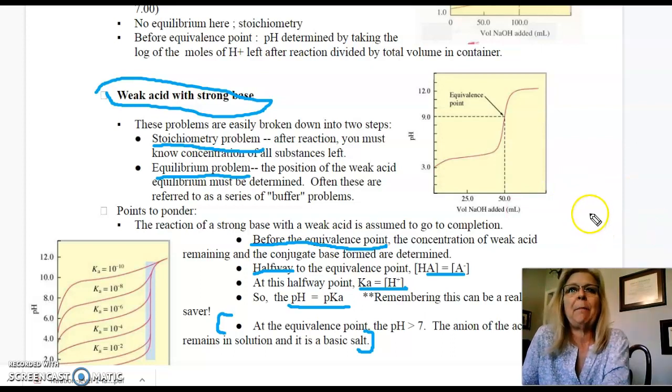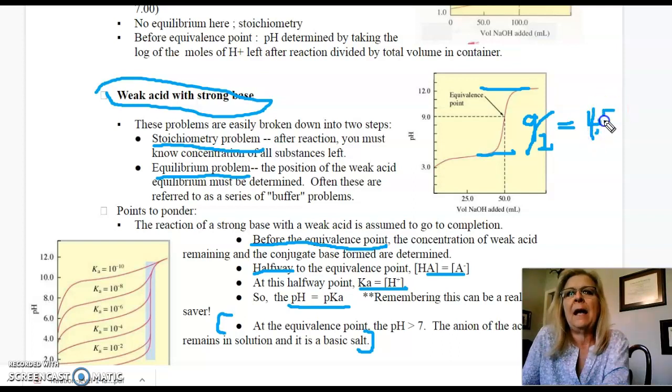How do I figure out pH at the equivalence point? Usually it is halfway up the vertical rise. So if my vertical rise is a total of 9 pH points, halfway is telling me that I'm going to have 4.5, an increase of 4.5. And if my vertical rise started at 4, 4 plus 4.5 is giving me somewhere around 8.5.